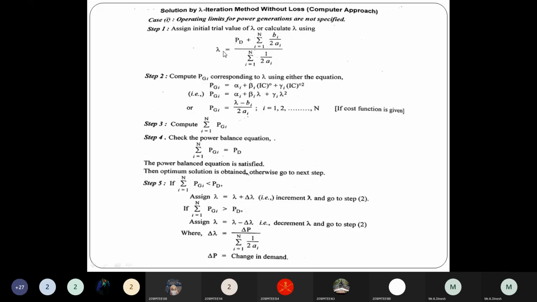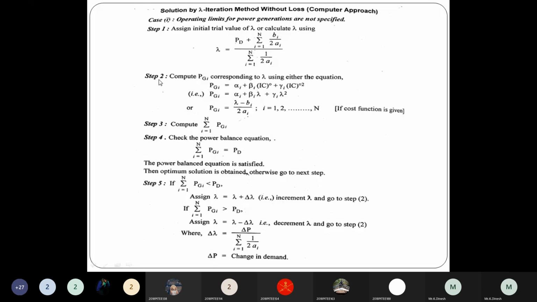Lambda is calculated with this equation: P demand plus the summation of i equal to 1 to n of Bi by 2Ai, whole divided by the summation of i equal to 1 to n of 1 divided by 2Ai. This is the initial trial value equation, so here I have to fix my lambda.